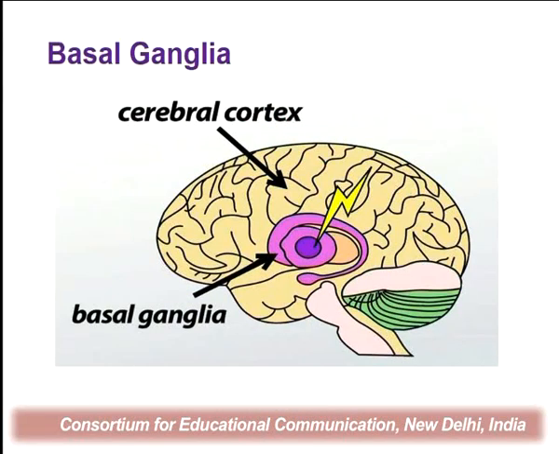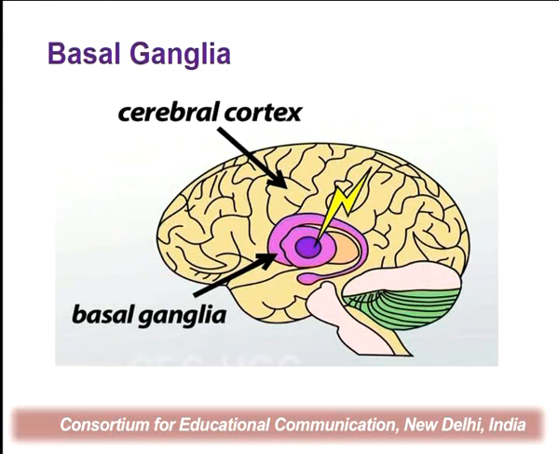So the next one is the basal ganglia. This is a very small part in the brain. The yellow one is the cerebral cortex, and in between that there is a small ganglia organ.